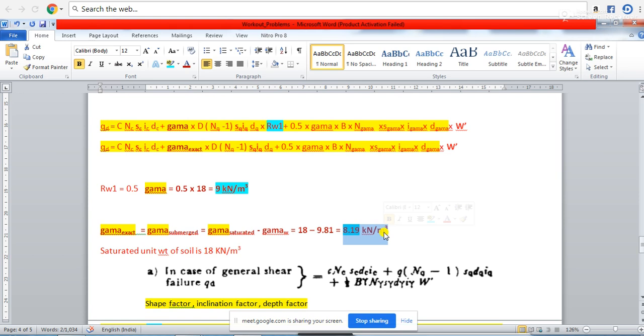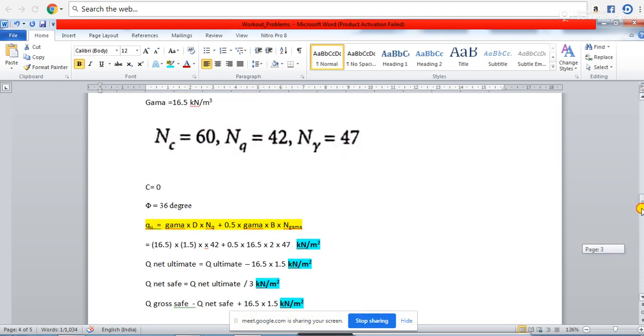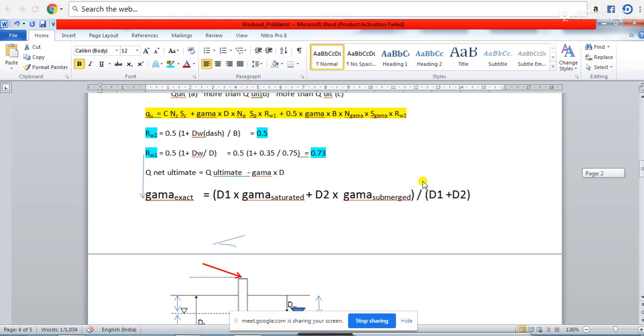Now this is true when the water table has reached the ground level, but if it hasn't reached the ground level and is somewhere in between, what will you do? At that time you can either use the rw1 factor with this gamma value, which will take care of the linear interpolation, or for finding the gamma exact, you will have to go back and take this into account.